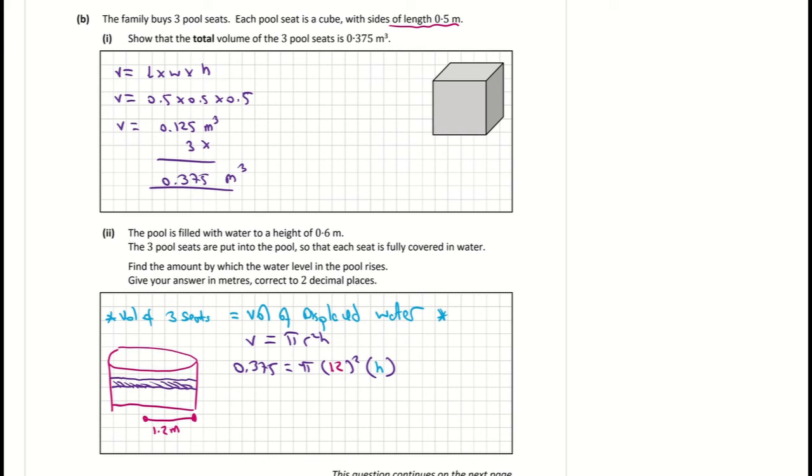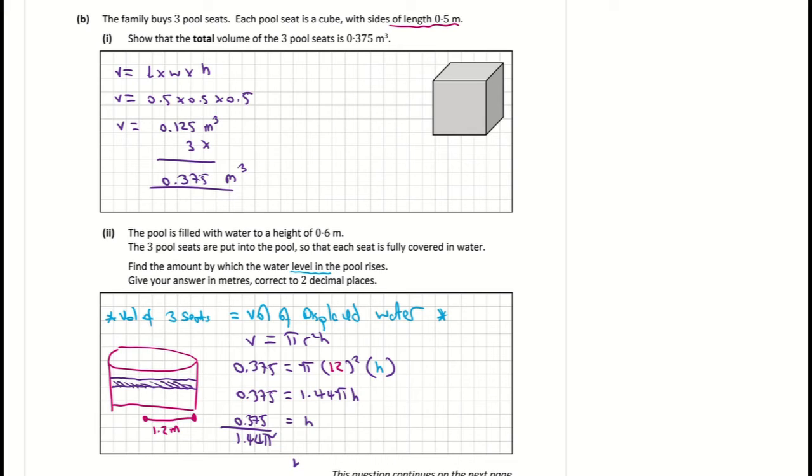That's what the question wants us to get: find the amount by which the water level in the pool rises. So that's the height, in other words. Tidying up the right hand side, I get 0.375 is equal to 1.44 pi h. To solve for h, divide across both sides by 1.44 pi.